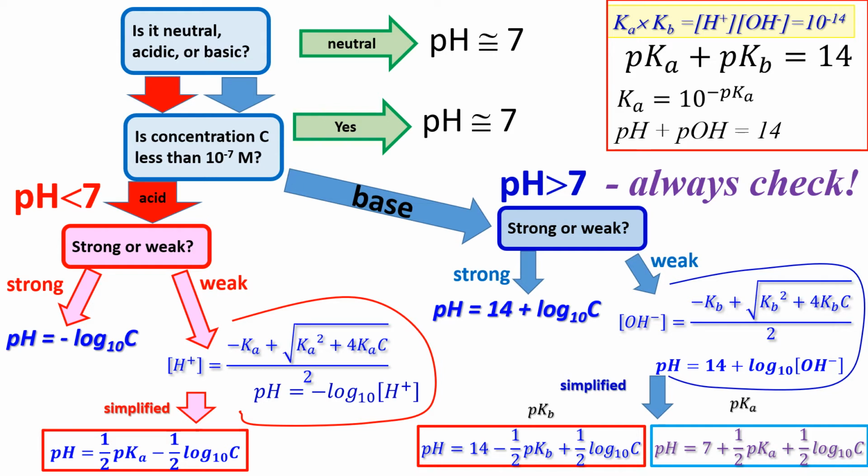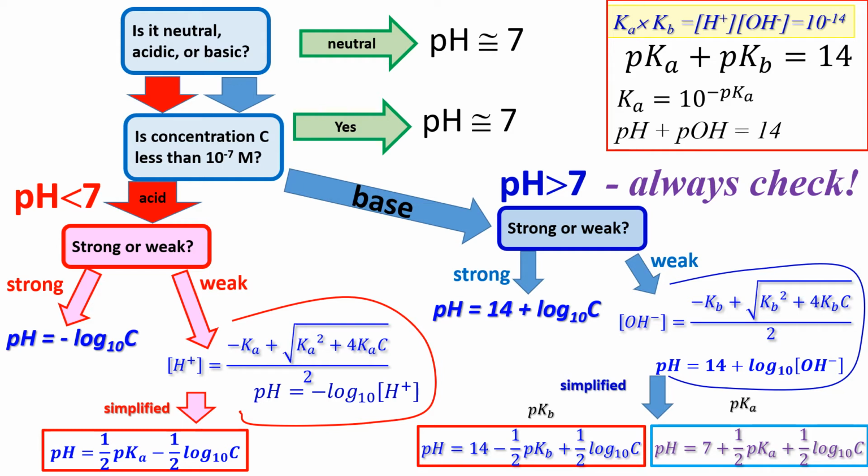So let's look. If our compound is an acid, first, the pH of this solution must be below 7. You're adding something acidic, you should have acidic pH. Next question. Is your acid strong or weak?